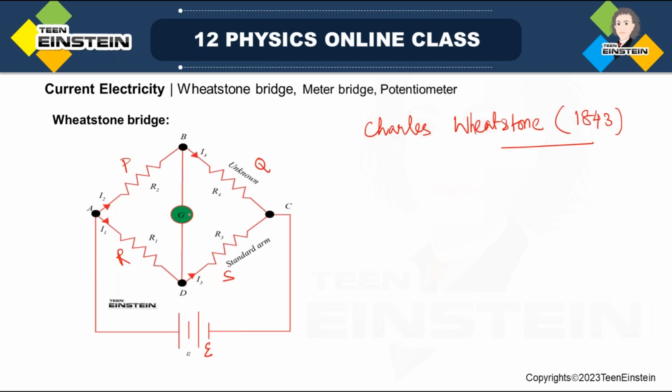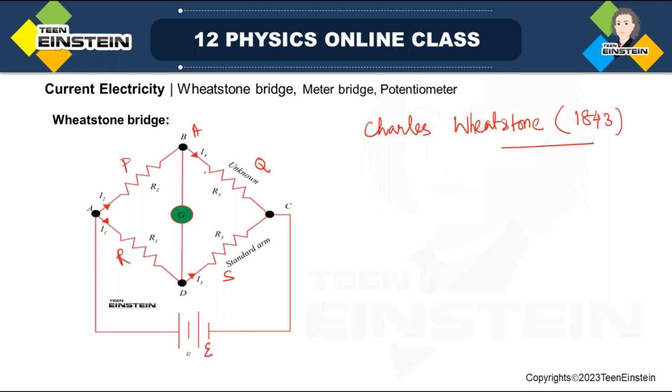In the chapter on moving charges and magnetism, we will learn the galvanometer in detail, the moving coil galvanometer. In this case, there are 4 junctions A, B, C, D, and it is very important not to alter these junctions.